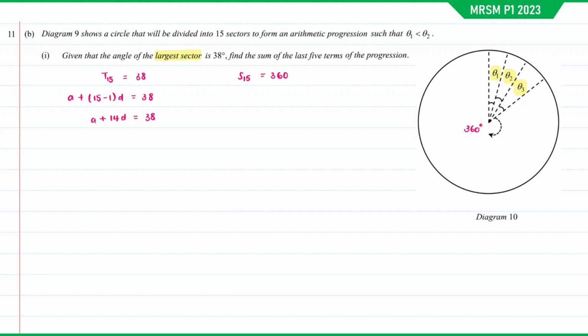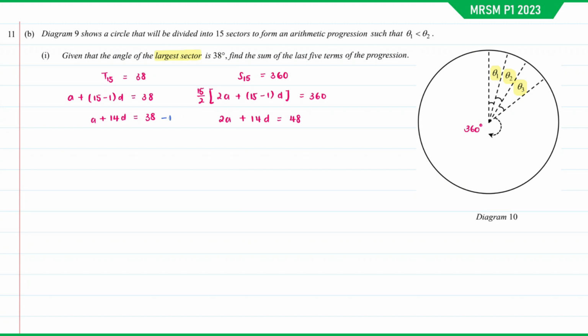So the equation for S15 will be n over 2, here 15 over 2 times (2a plus (15 minus 1)d). This is equal to 360. Move the 15 over 2 to the right hand side, then we get 2a plus 14d is equal to 48.